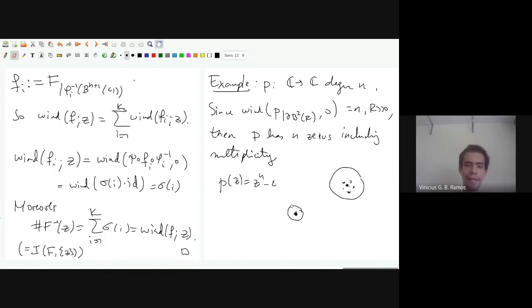Maybe this is an exercise that joins a little bit of algebra and topology. So this is another example, or exercise maybe.